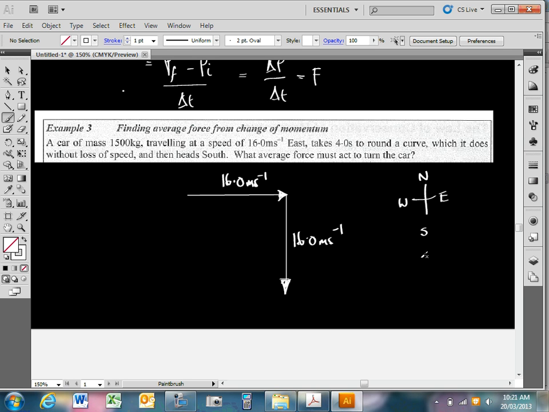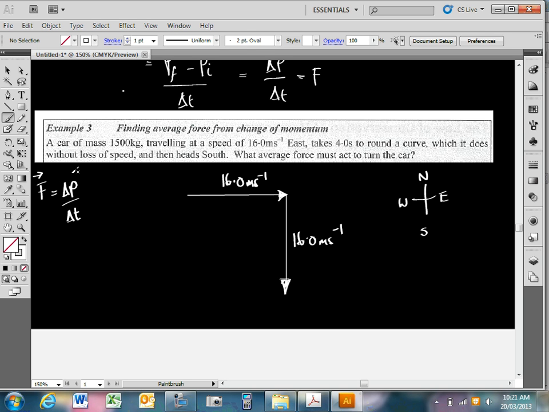What average force must act to turn the car? Of course, they're going to want us to use this, aren't they? Because we just arrived at change in momentum over change in time.